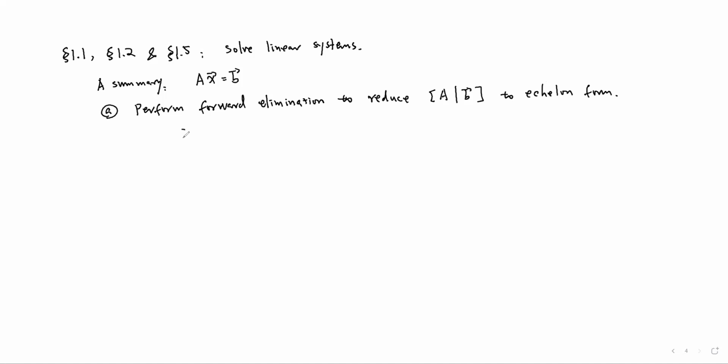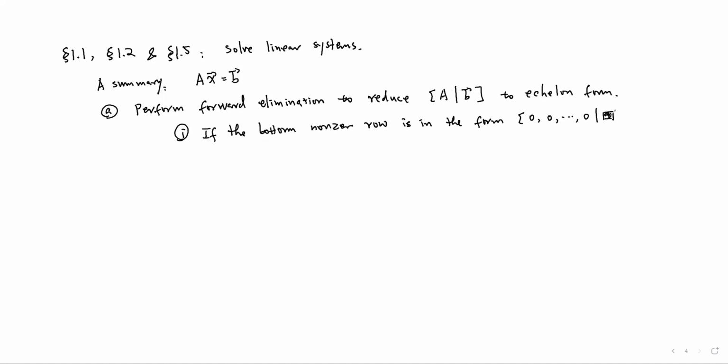Two cases. Case 1: if the bottom non-zero row, where a row is non-zero when it contains one non-zero entry, is in this form, 0, 0, 0, then the right hand side non-zero.